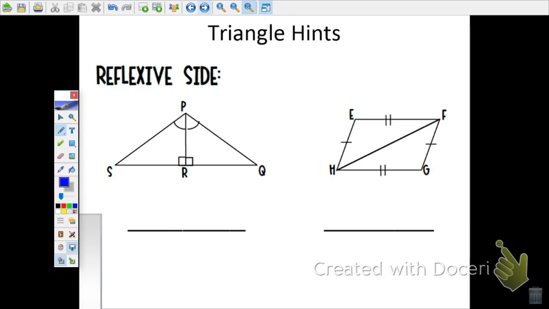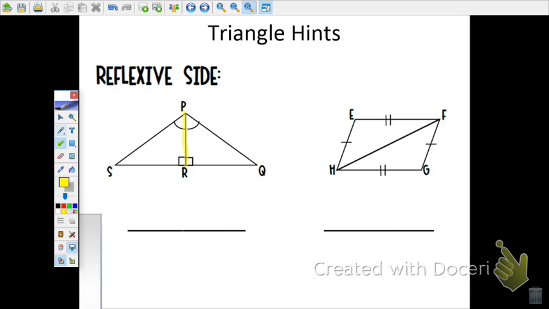One of the things we're going to see, which we saw today when I talked about problem number 8, was that reflexive side. When a side is shared, we use that reflexive piece. In this diagram, I have side PR, which is in both triangles. So that is reflexive.